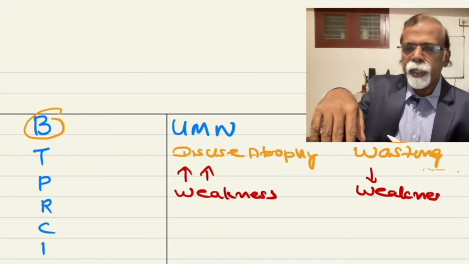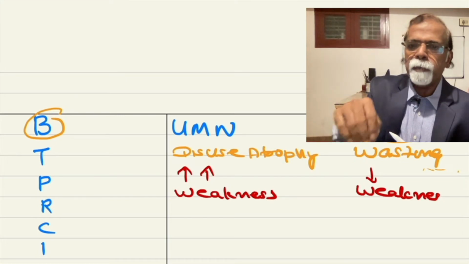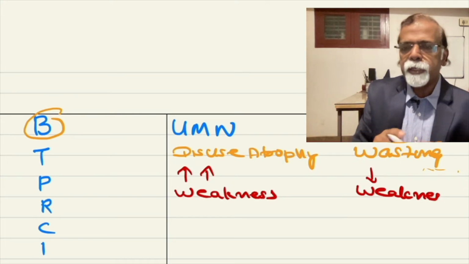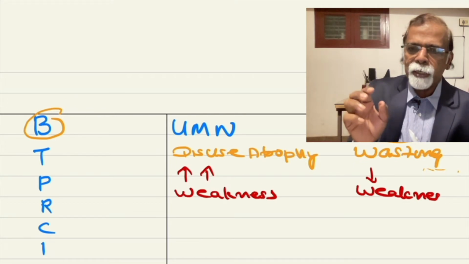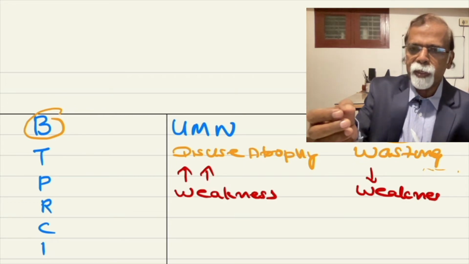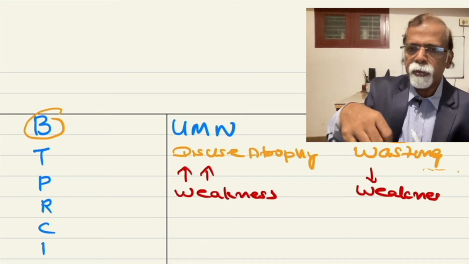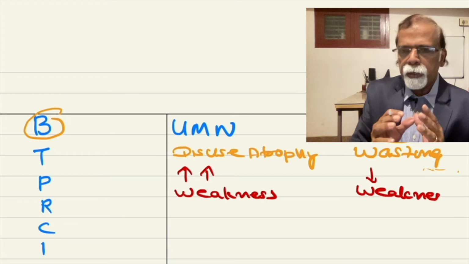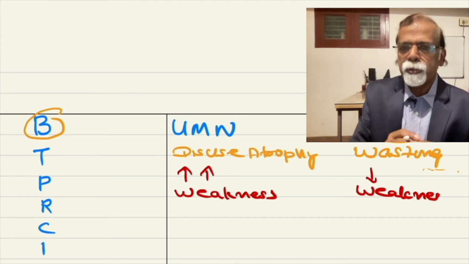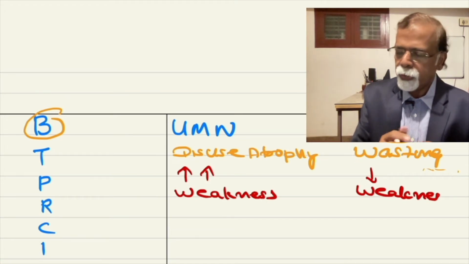So the weakness is focal, in the particular muscles supplied by that nerve. Whereas in a UMN lesion, usually an action is lost. For example, hand grip is weak. It is not just a foot drop or a wrist drop, it is an action you cannot perform. So in a UMN lesion, the disability is out of proportion to the weakness. This is one point you should remember.